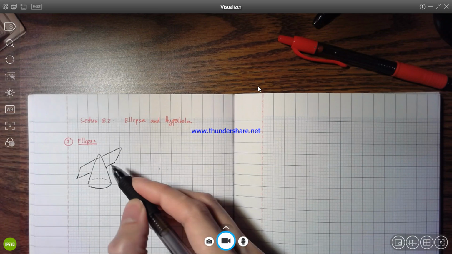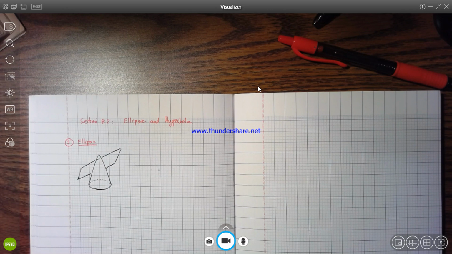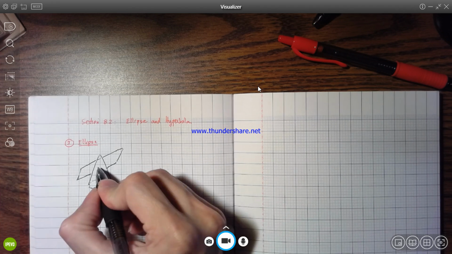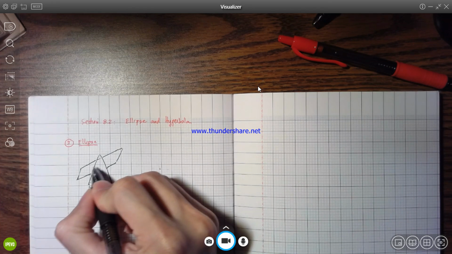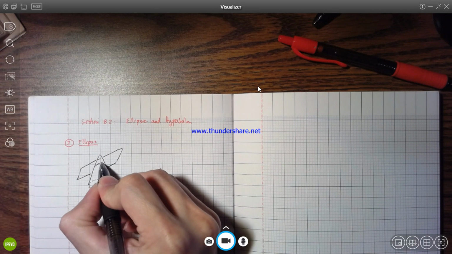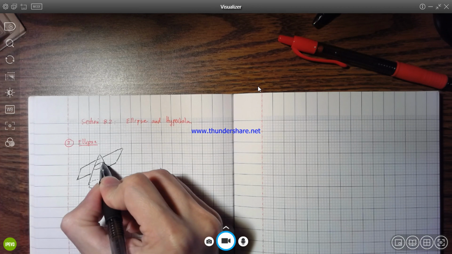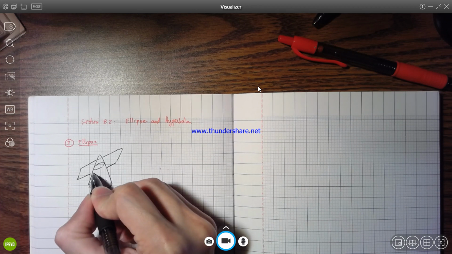When it's cutting the cone, it intersects. There's an intersection part between the cone and this plane. This intersection part is an ellipse. So I'm going to have the intersection part right here. There you go, it's an ellipse, something like this.